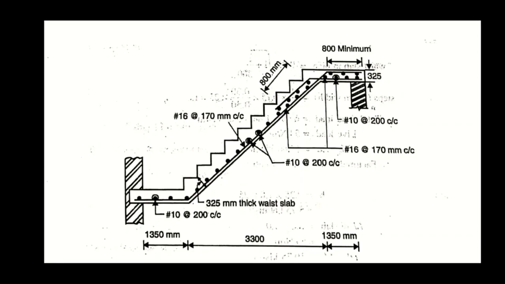Look, as distribution steel 10 dia bar is provided at 200 mm center to center, and for main bars 16 mm dia bar at the rate of 170 mm center to center is given. Total overall depth is 350 mm, and for development length 800 mm length is given, you can see here. Okay. So this is the ultimate drawing, and here the problem ends.